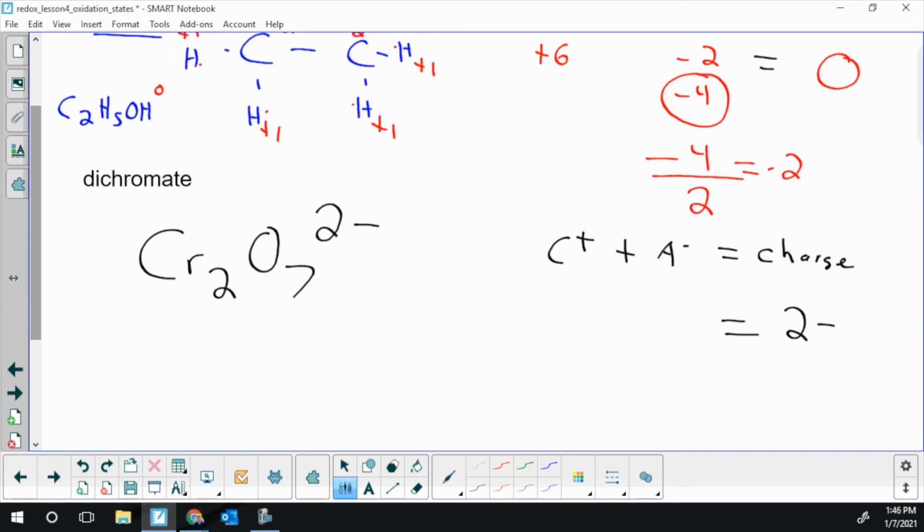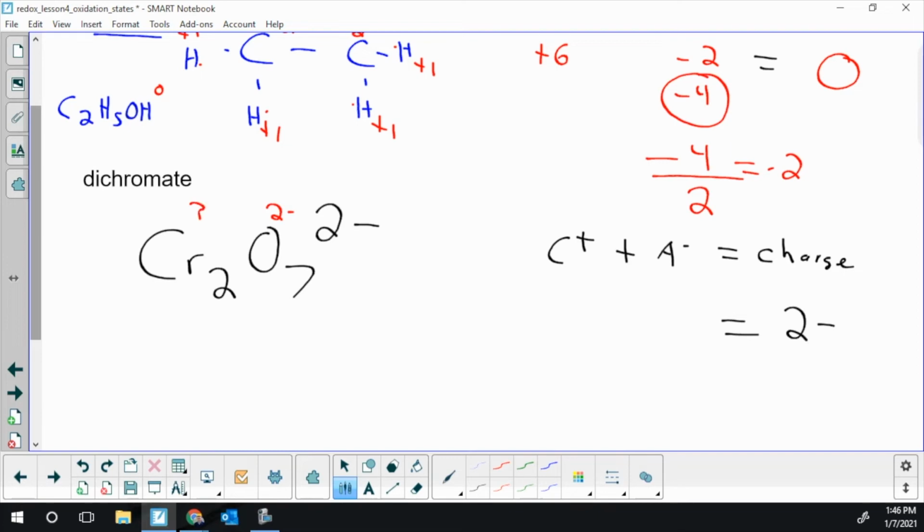We've got no hydrogen. We do have oxygen. Oxygen's in a compound. That's always 2-. Okay. Now we have to realize there's 7 O's, and every one of them is 2-. Okay. So there's -14 in total if we sum them all up together.